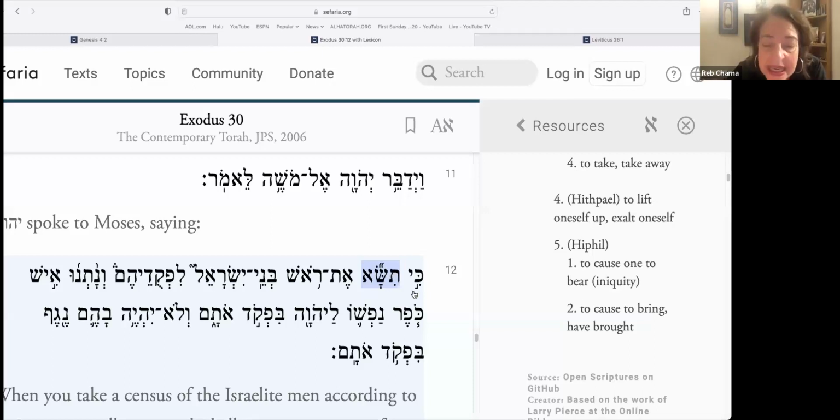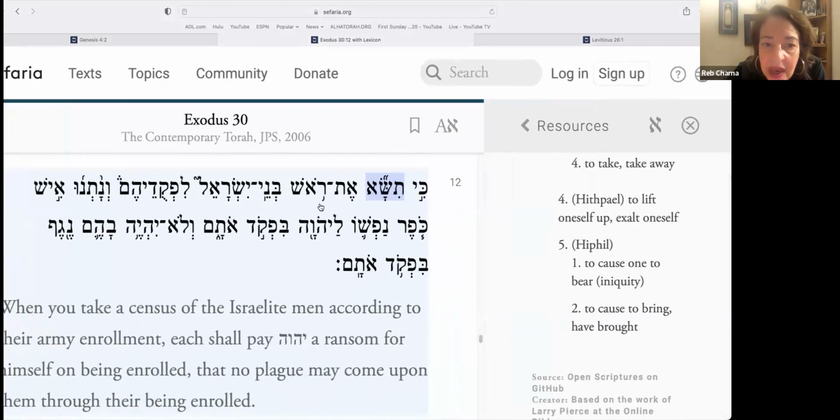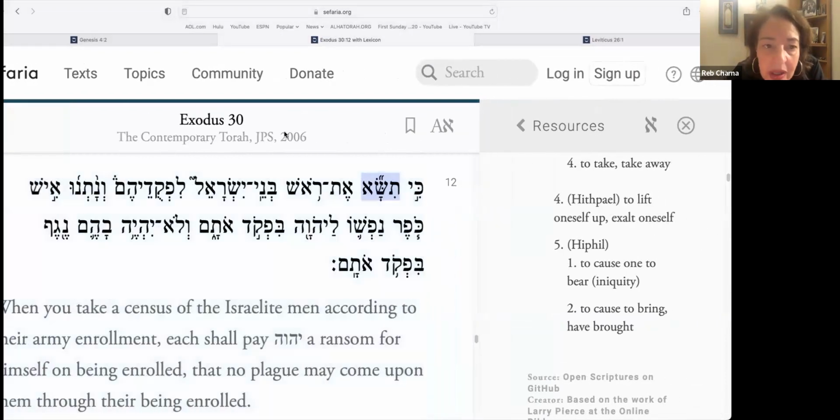So now we have to go, how do you really look at that word? There's something more going on in here than taking a census. And so we have to understand that there's an energy inside this word that if we really study it, it'll help us understand what's really going on. I will say again that if you Ki Tisa et Rosh, I really would love to switch my overall.